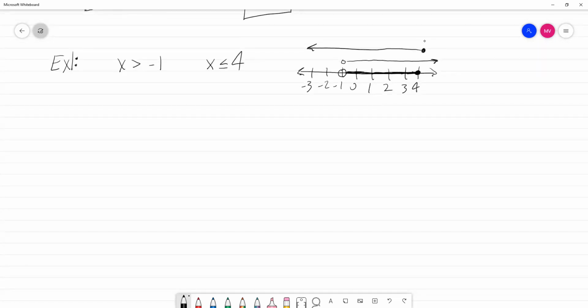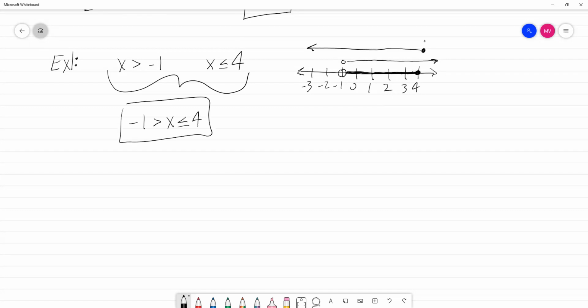Now we can express this as a combined conjunction, and this is where that term comes in. We can express this as x is greater than -1 and less than or equal to 4.